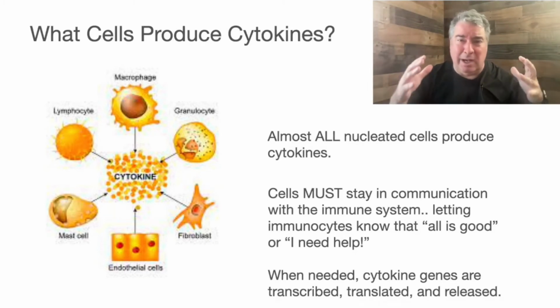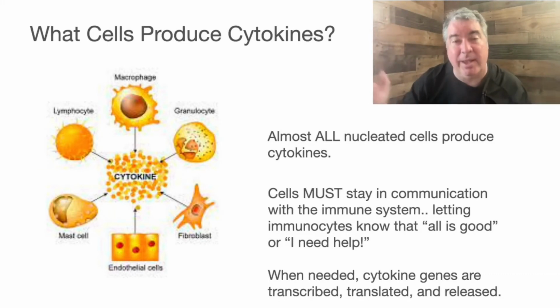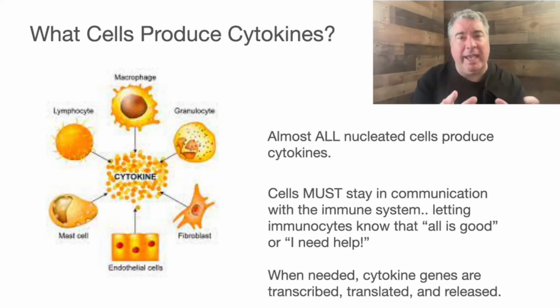So when the cell needs a mayday or an SOS, it's using a lot of these cytokine families in various capacities to engage the immune system and get them to participate locally and assist them in ridding them of whatever event may be occurring.